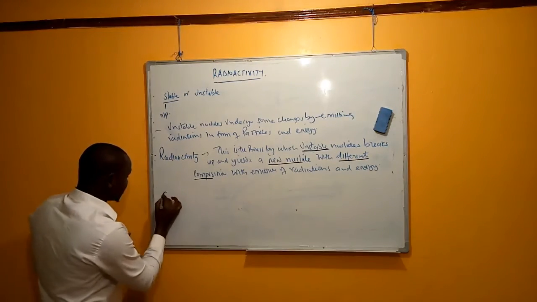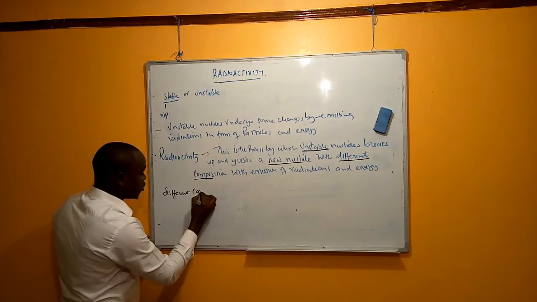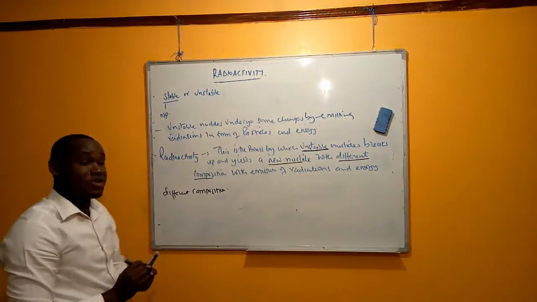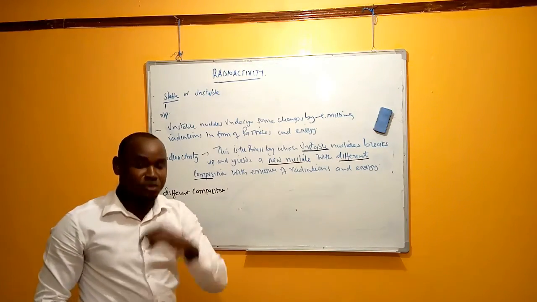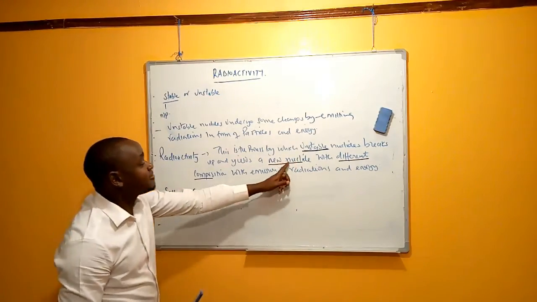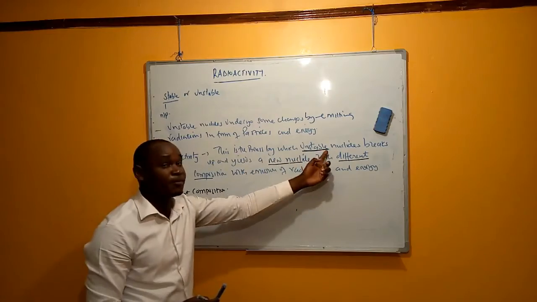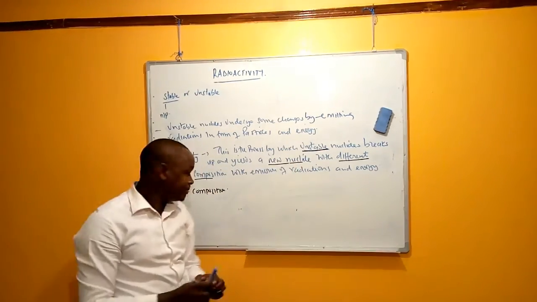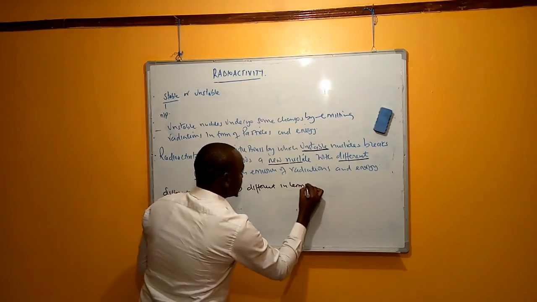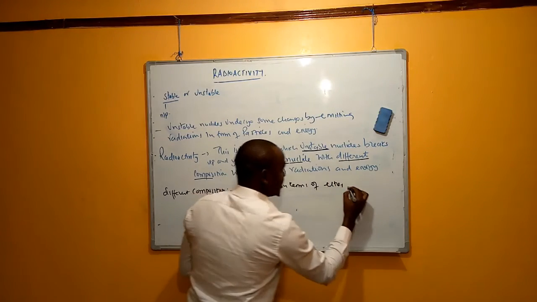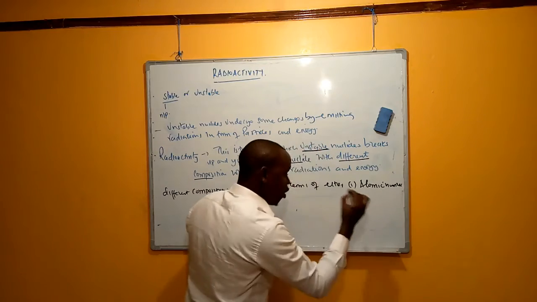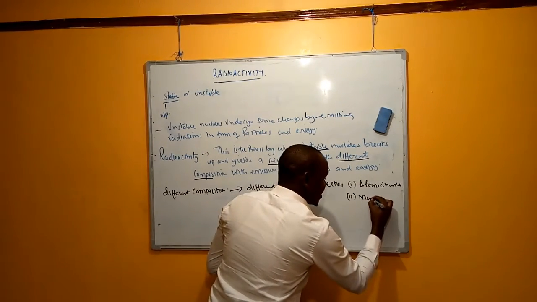When you talk about different composition, what do we mean? We say that a particular nucleus characterized by its protons and neutrons is called a nuclide. Now, we are having a new nuclide with different composition. It is different from the previous one, the one that was unstable. It will be different either in terms of one, atomic number, that is the number of protons, or two, mass number.